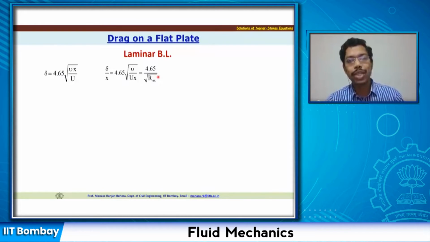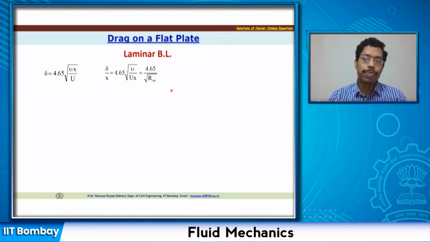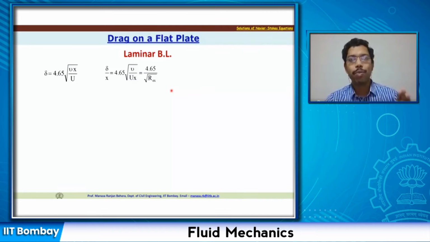So here, by assuming this approximation of the profile, we get 4.65 divided by square root Re_x, and there it was 5. Okay, so they are very much closer. Now Blasius developed the expression without these approximations, but then Prandtl's approximate profile has given rise to this 4.65 divided by square root Re_x.